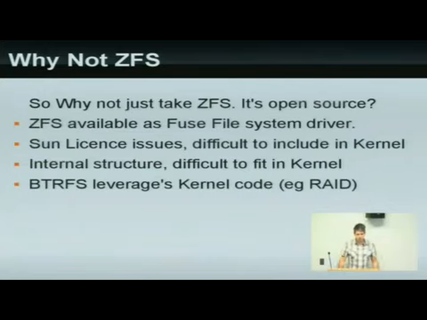Solaris, Sun, uses different licensing, and it doesn't fit neatly. It's not designed from the ground up to be fitting into the Linux kernel. And also, Btrfs leverages the code that's already there. So, for instance, Btrfs supports RAID, and it's actually reusing some of the RAID code that's already in Linux.